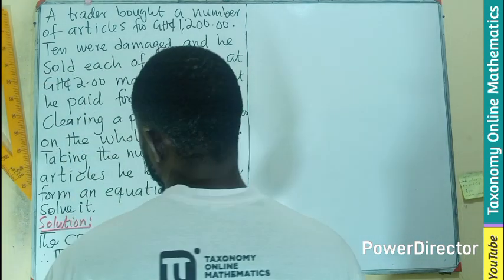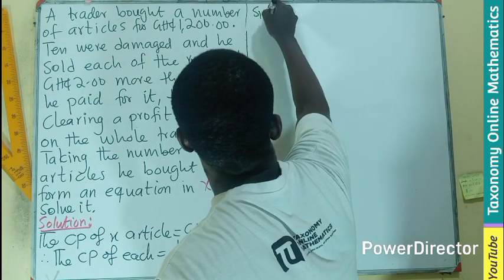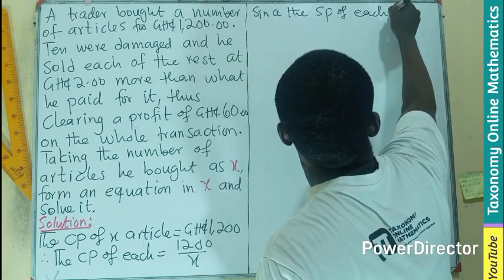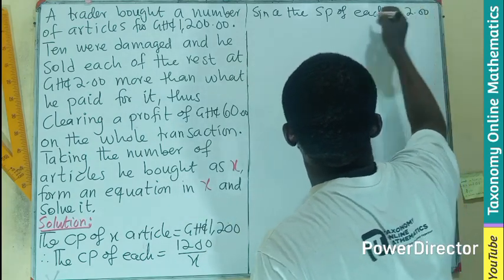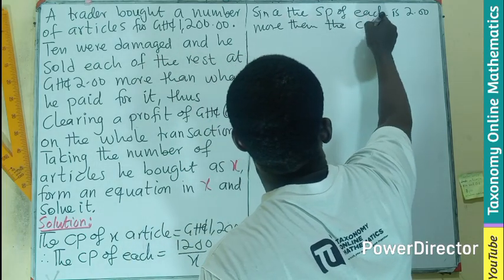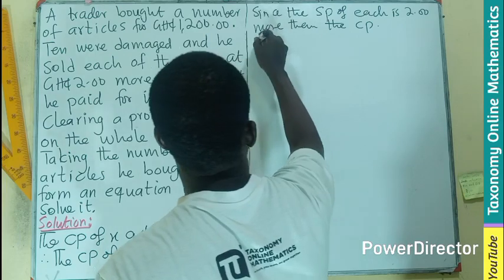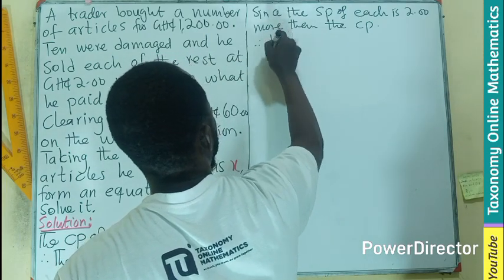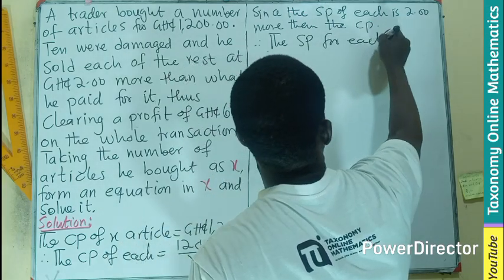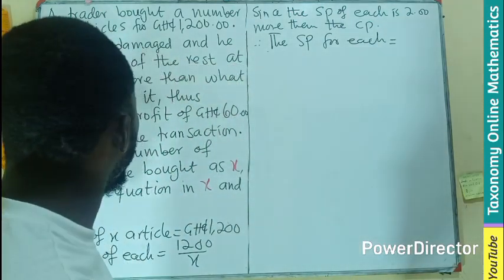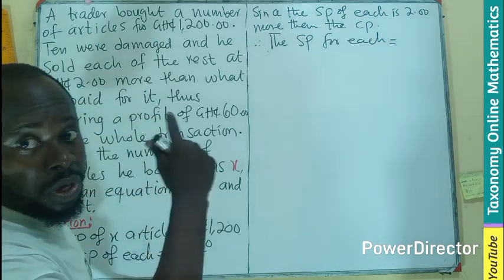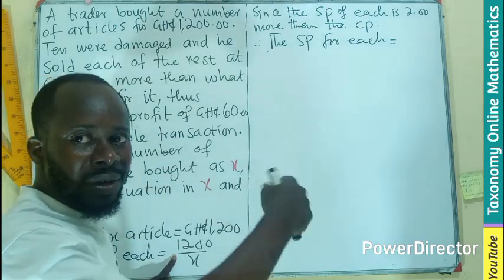Let's find the selling price. Since the selling price of each is 2 cedis more than the cost price, the selling price of each is going to be the cost price of each plus the 2 Ghana cedis.